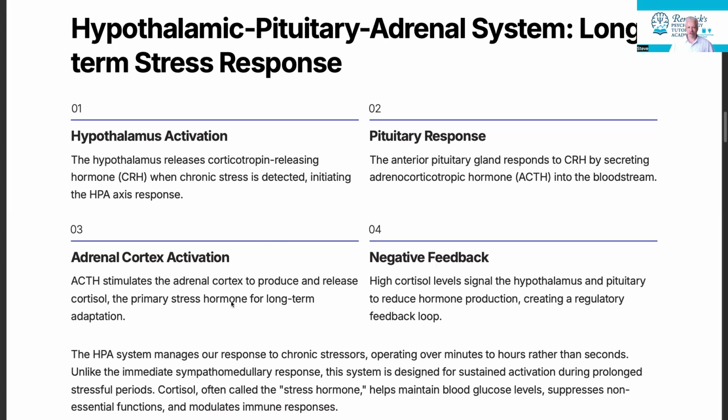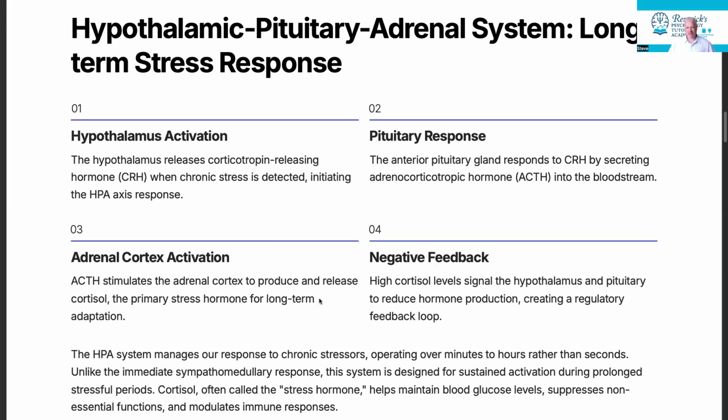The adrenal cortex is activated, so this is the outside part of the gland, whereas the adrenal medulla is the inside part of the gland. And this releases cortisol, which is a stress hormone. High cortisol levels signal the hypothalamus and pituitary to reduce hormone production, creating a regulatory feedback loop.